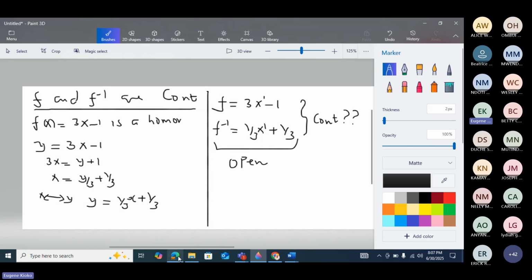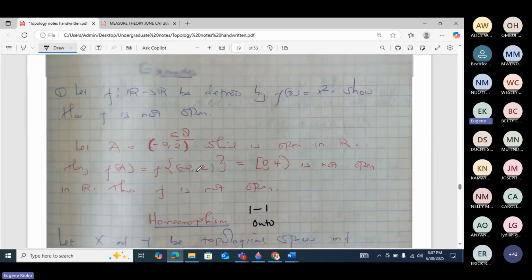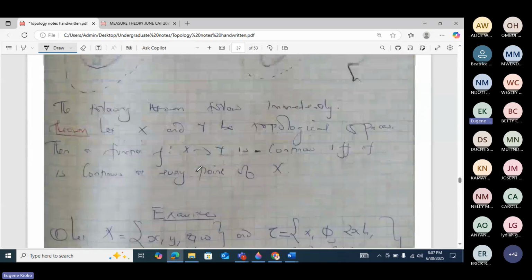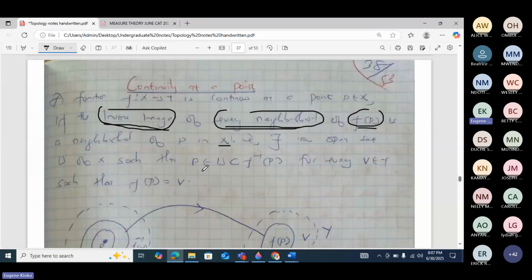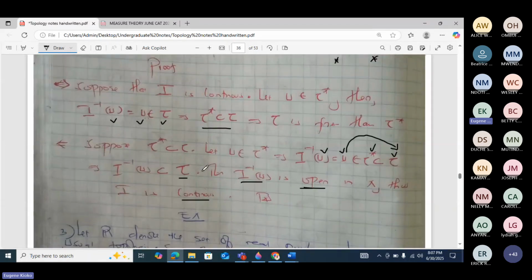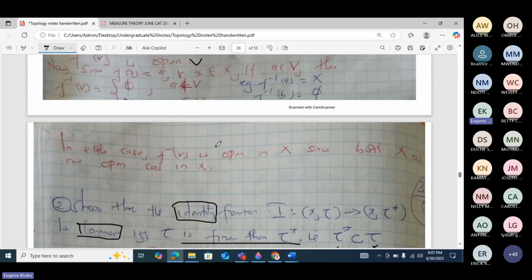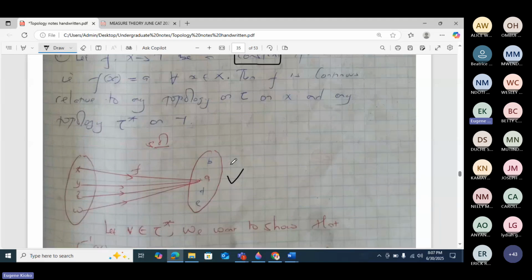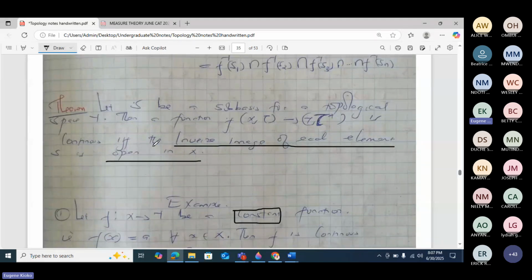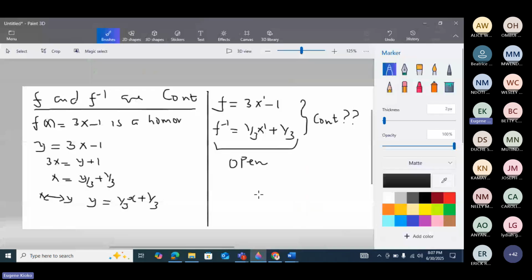If both of them are open, then we come here. What have we said? If the function is open, then it is continuous. Because to test for continuity, we simply check if it is open. So by the fact that these two functions are both open, they are both continuous.